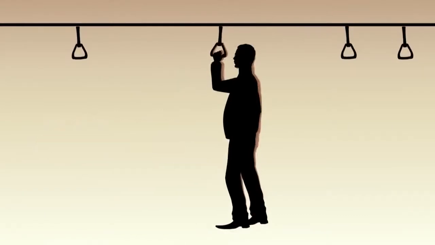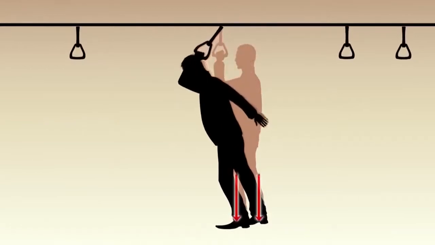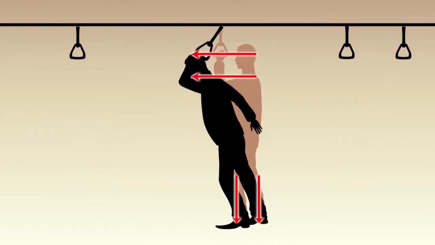A sudden halt causes the lower part of the passenger's body that is in contact with the bus to come to rest. However, the upper portion of the body remains in the state of motion due to the inertia of motion, causing the passenger to fall forward when the bus stops suddenly. Inertia of motion is the tendency of a body to resist a change in its state of uniform motion.